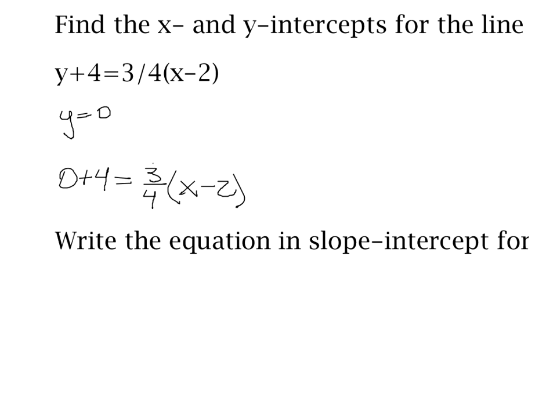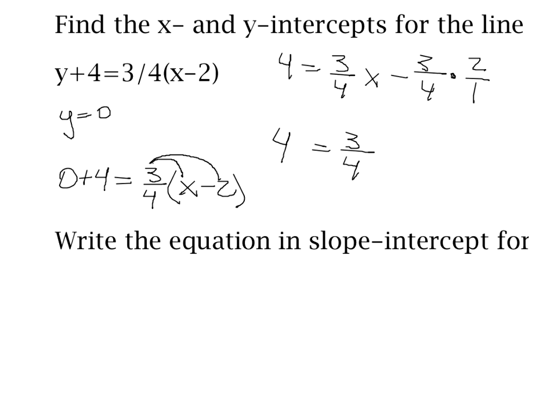We could take this to the other side, or I could distribute this, so that's what I'm going to do. 4 equals 3/4 x minus 3/4 times 2 over 1. Two goes into 4 two times. You can use your calculator to get the reduced fraction of 3/2.